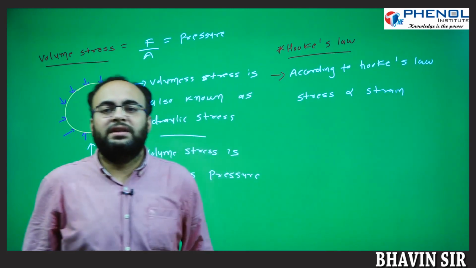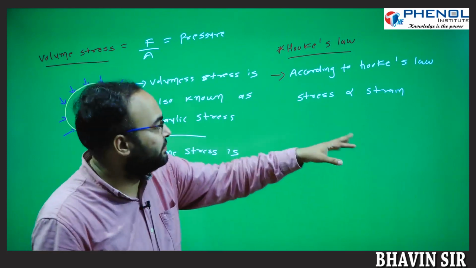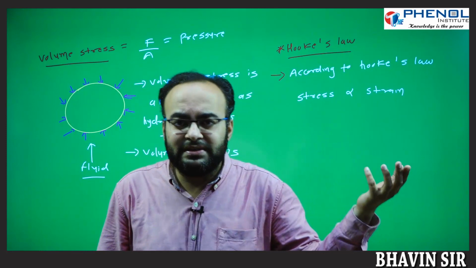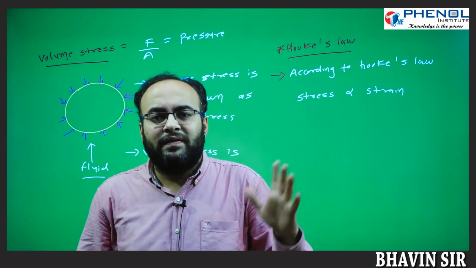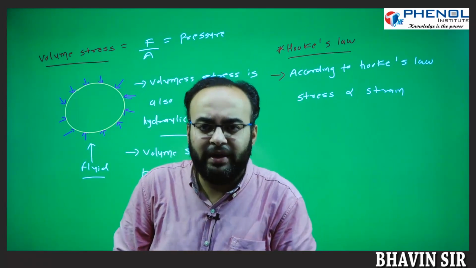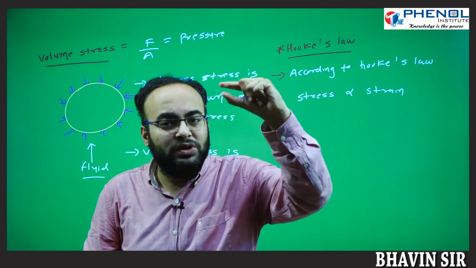It means that when strain is increased, the restoring force per unit area is also increased, and after removing the deforming force, the body can get its original shape. Suppose when we compress a spring, the restoring force in the spring is also increased.